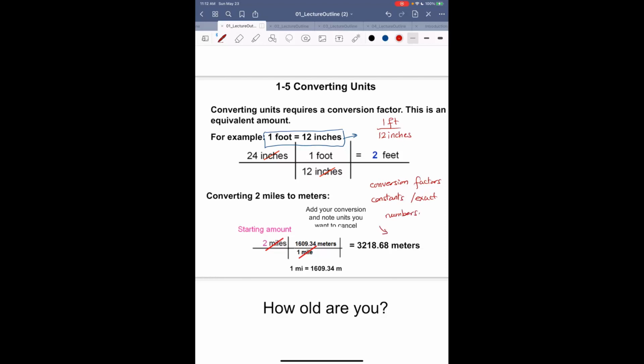That means they will not affect your sig figs. Okay, I will say I don't agree with what's written in here.